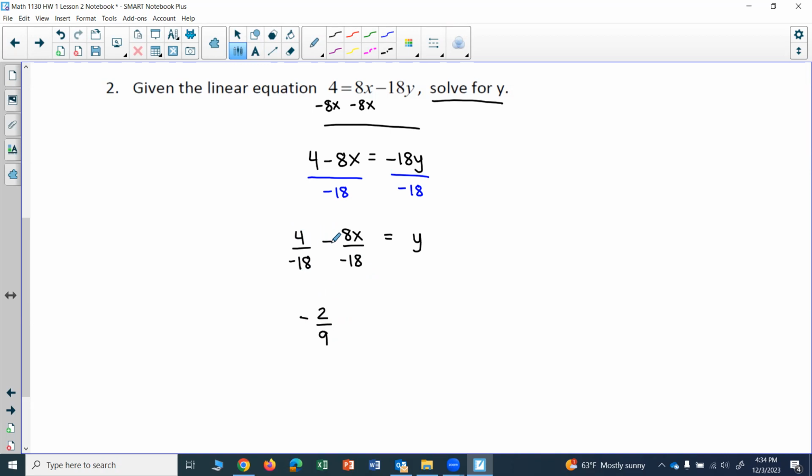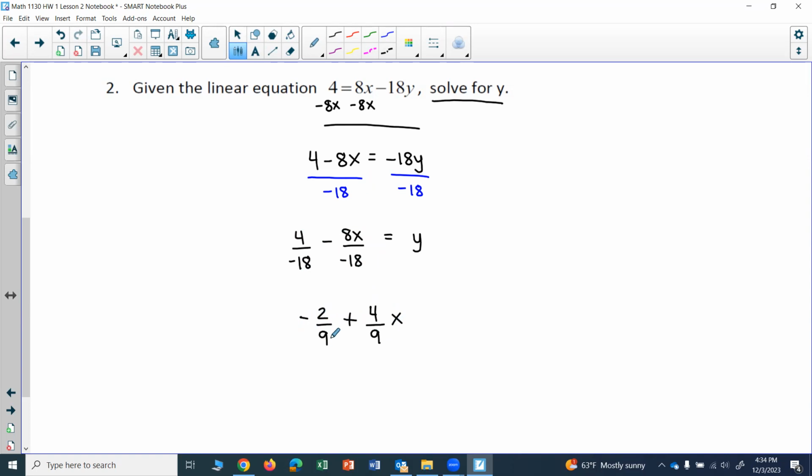Now here I have a minus, a negative, so that would actually become plus. Or you can think of it as a negative over a negative becomes a positive. Here I have 8 over 18. 2 is the common factor there, so divide 8 by 2, I get 4. Divide 18 by 2, I get 9.